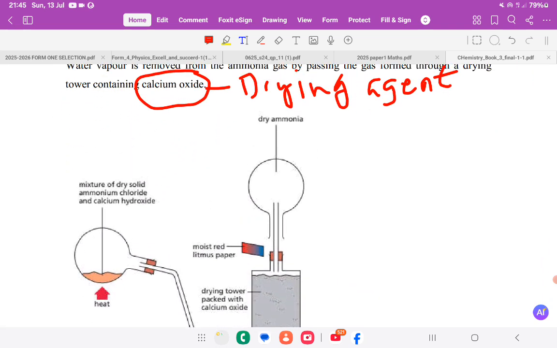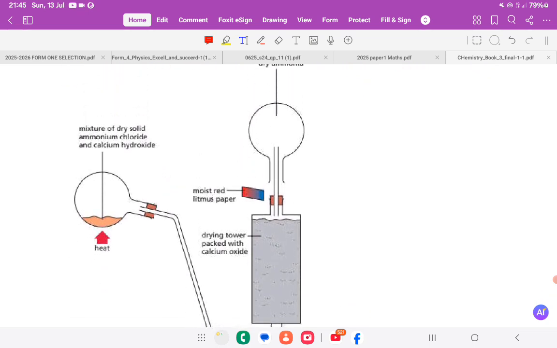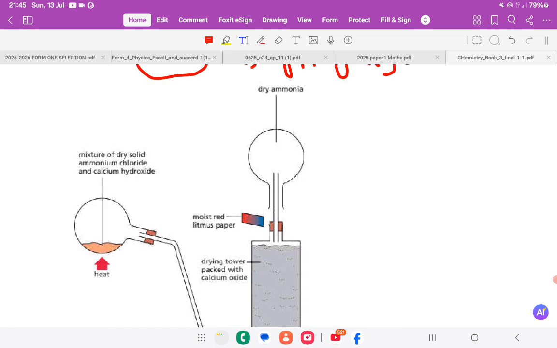So the setup, as you may wish to see, is simply a simple one. So we have a mixture of dry solid ammonium chloride.